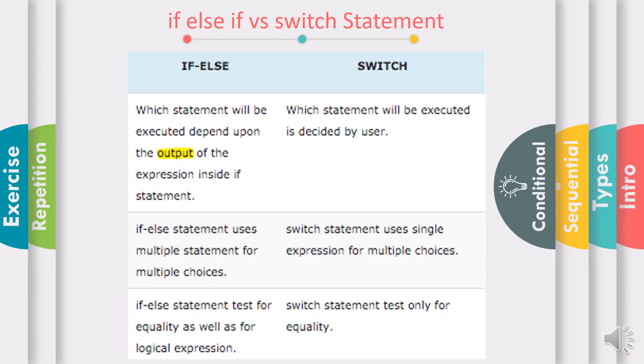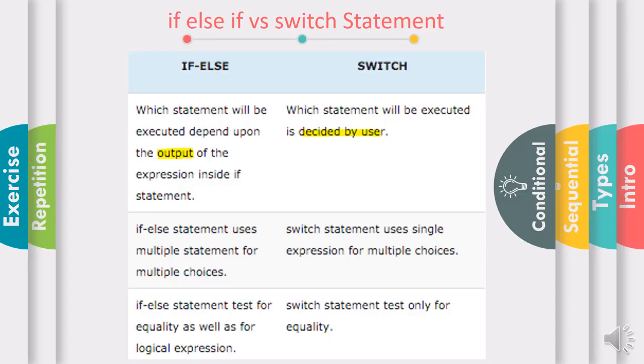So the if else if statement is executed depending upon the output of the expression, but in the switch statement, which type of case is to be executed is decided by the user. For example, in the example of vowel letters, which case is to be executed depends upon the user's choice.